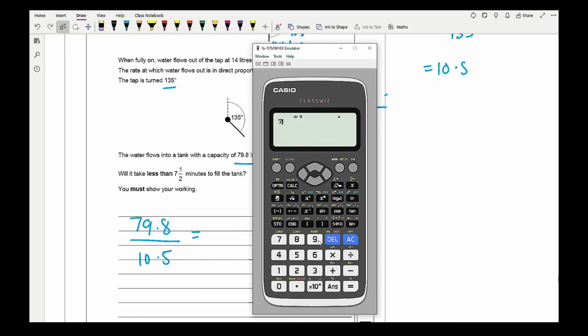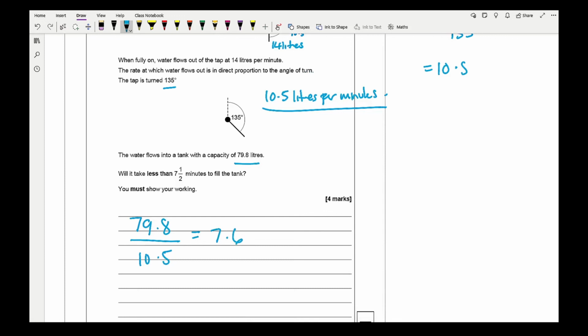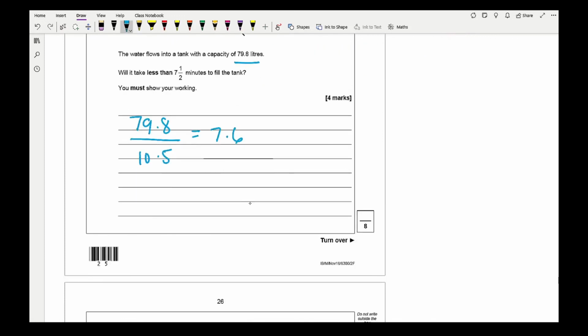I've got 79.8 divided by 10.5 equals, and it gives me an answer of 7.6. So the question says, will it take less than 7.5 minutes? Well, the answer is no, it will take longer. And there is the final answer for that one.